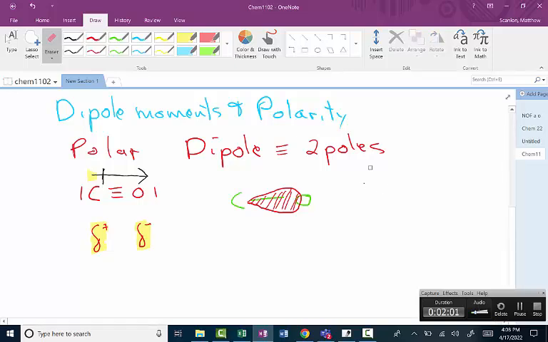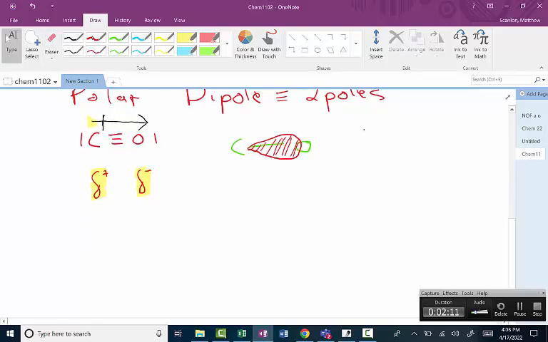Okay? And so this bond is said to be polar, a dipole, a polar bond, and we have a polar molecule. A polar bond means we have a plus and minus part to the bond.